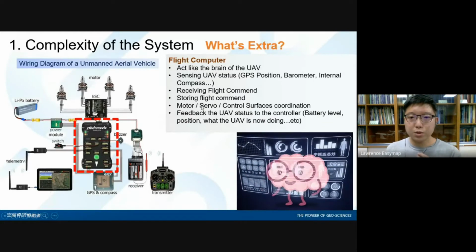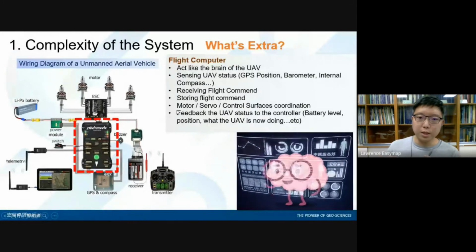It can also store the flight command. So as a controller, I can send the command to the UAV to tell it where you are going to fly to, what you are going to do, and what I want you to do. So it can store the command and execute the command. Meanwhile, it can also coordinate the motor, the servo, and all the control surfaces.